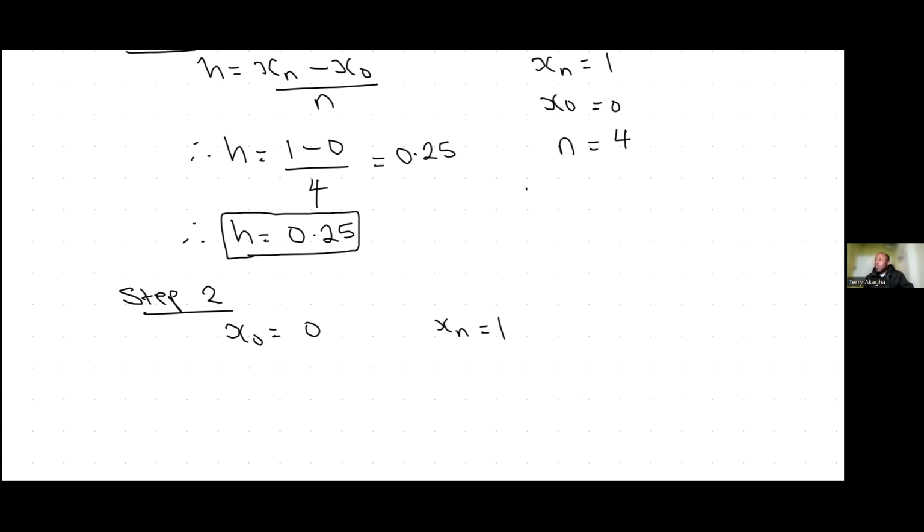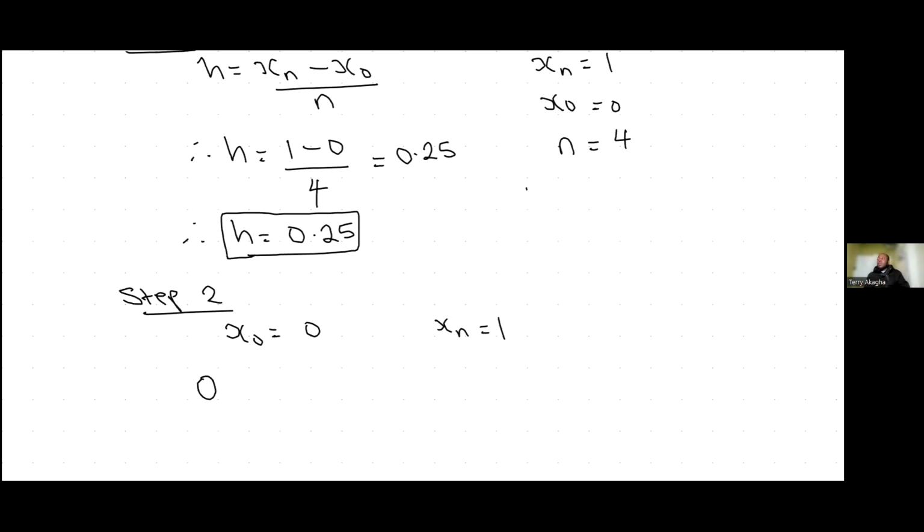So we're going to start. The first one is 0. Remember that h breaks up the curve into equal parts. So you keep on adding the 0.25 to each of the x values. The first x value I have is 0.